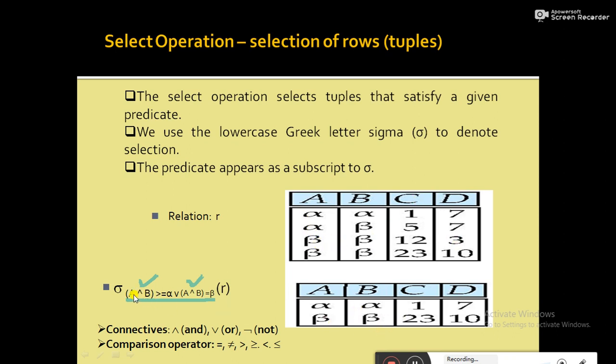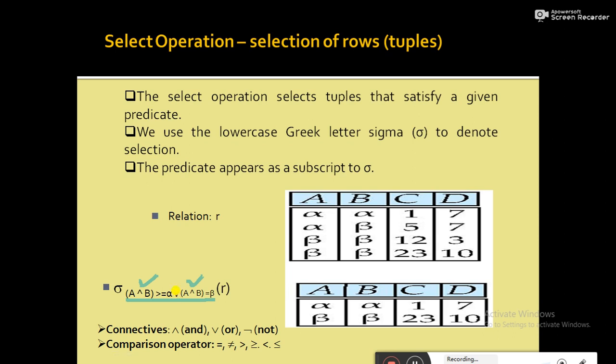That means again it will select from relation R where either A and B values are both alpha, or, this is the OR symbol, A and B values are both beta. That means as a predicate you can combine multiple conditions. Here this is condition 1 and this is condition 2, and these two conditions are connected with these connectives.